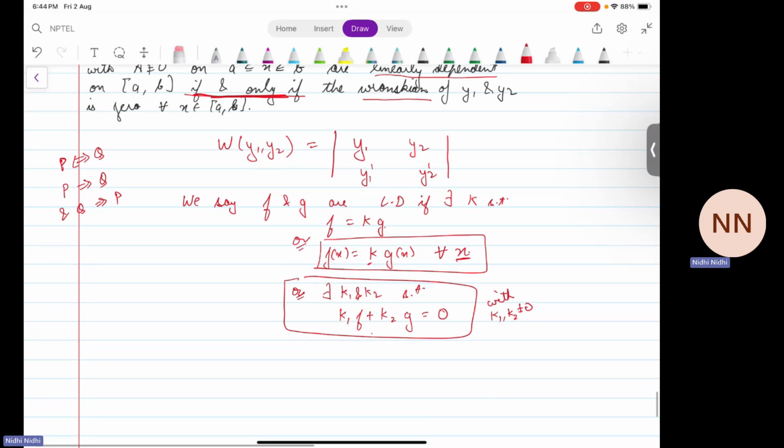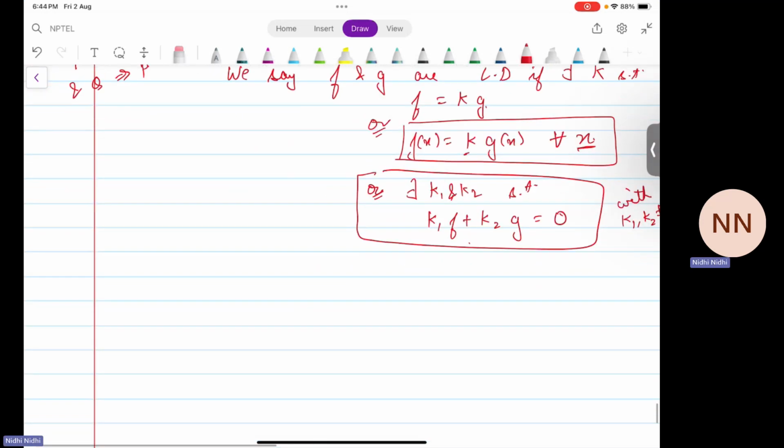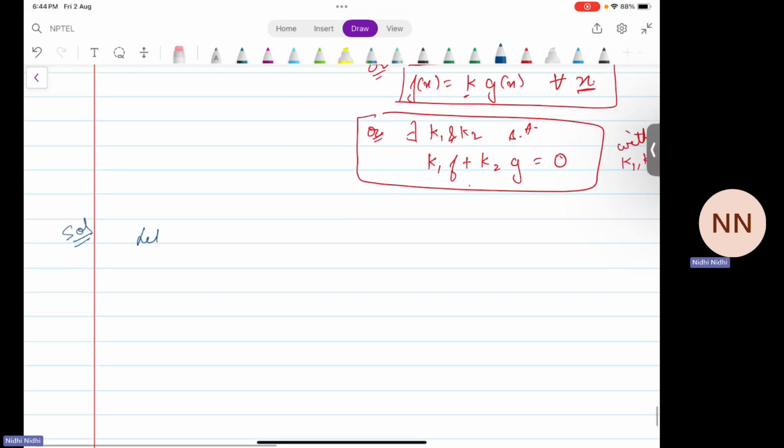Okay, let's start with the solution. Let y1 and y2 be two solutions of the equation star.